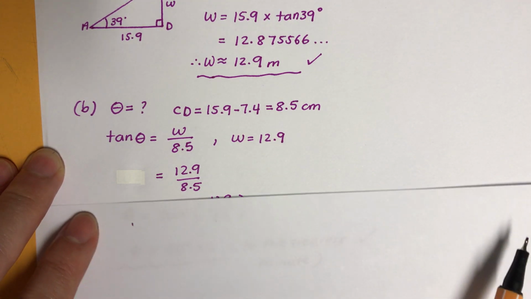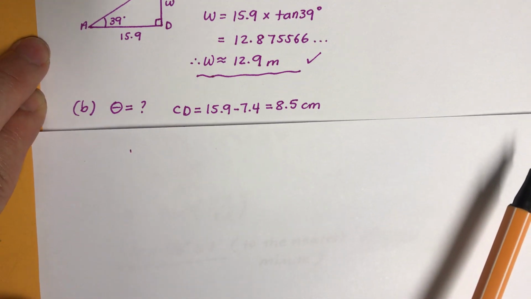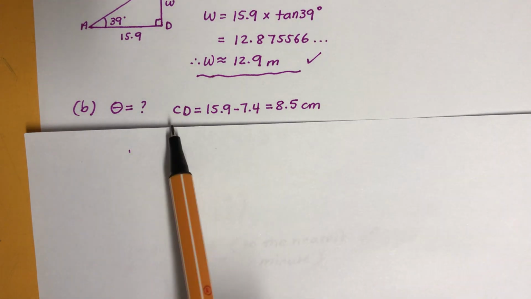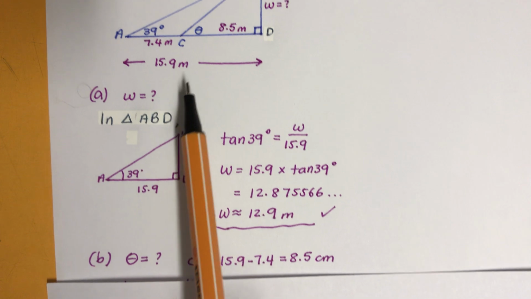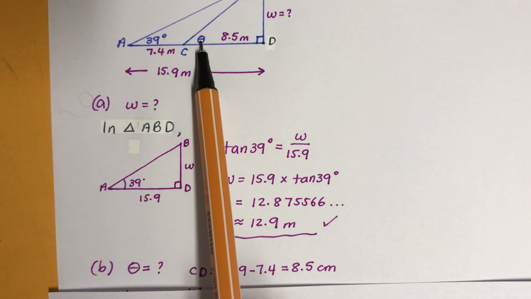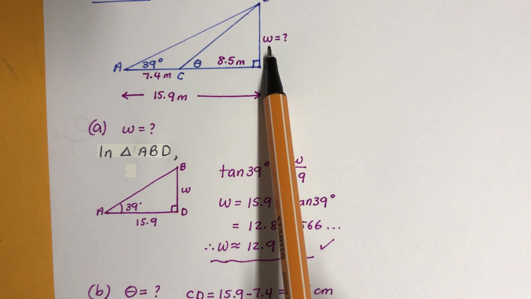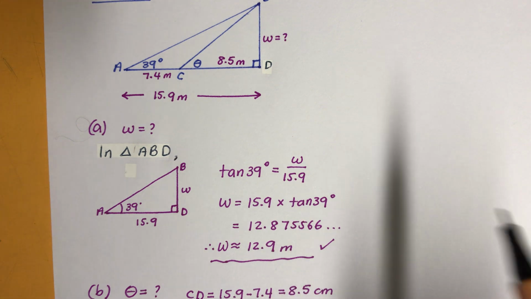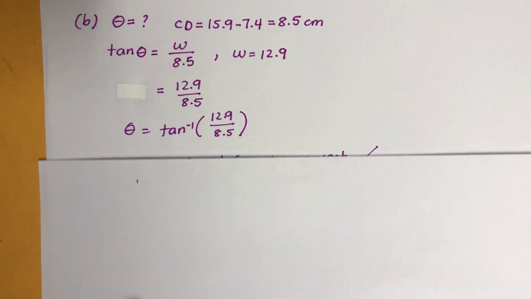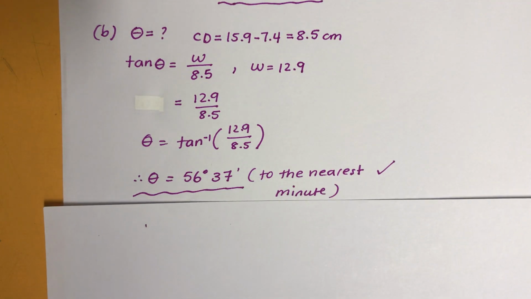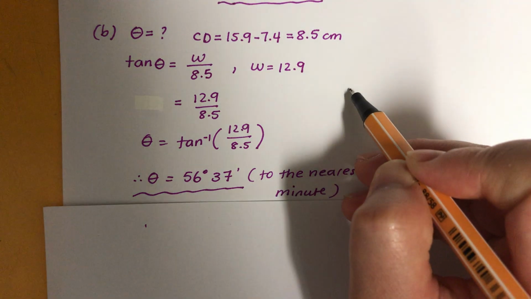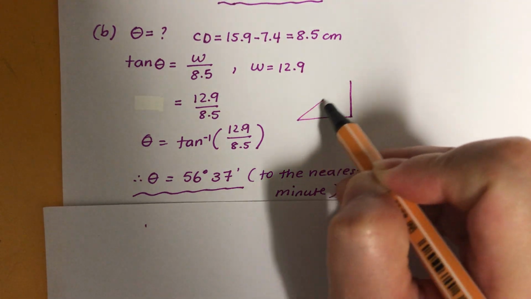Okay, not a problem. Part B is the one where we have to find the angle, isn't it? Yep. So let's have a look. That's what we need to find, that 8.5 up there. So this is the angle we have to find. So 8.5, and we know W, 12.9. So I'm going to sketch this diagram here again.